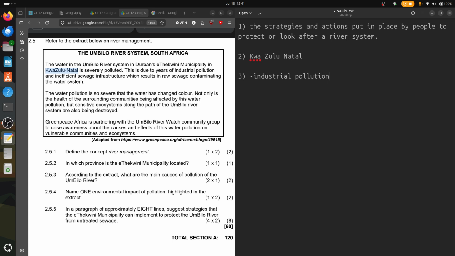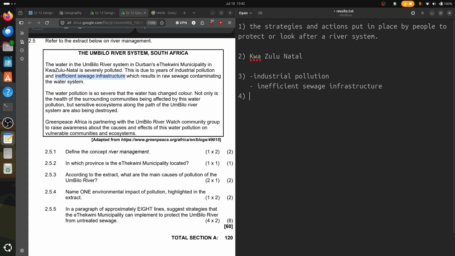Number 2, the second point, inefficient sewage infrastructure. So you can just write inefficient sewage infrastructure. I'll just copy and paste, and that's as simple as that.